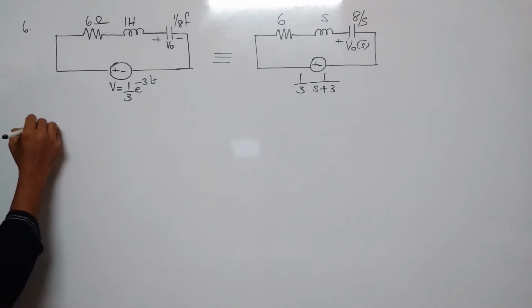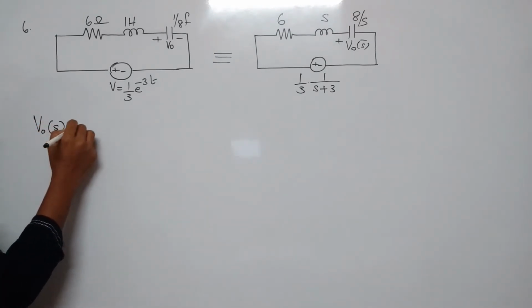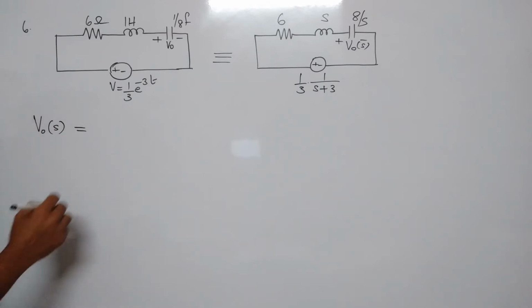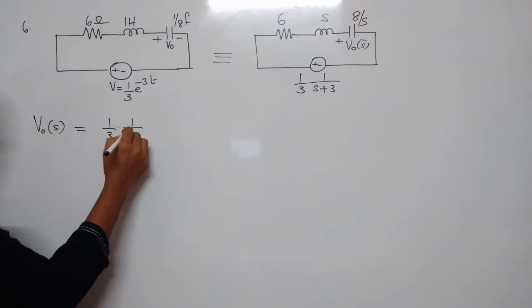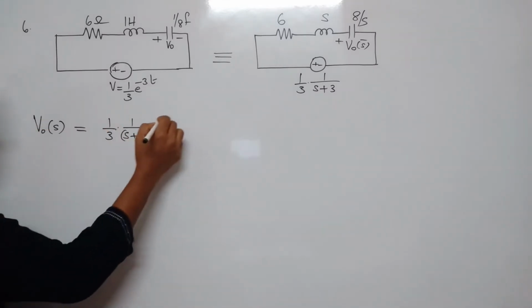So we need to find out V naught of S. We can directly apply the equation. Voltage across one particular element equals total voltage applied into that particular impedance.